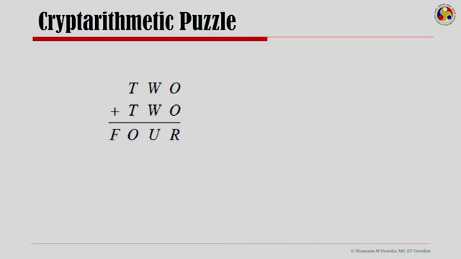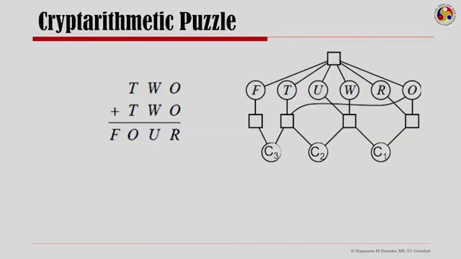So, here is the crypto-arithmetic puzzle, 2 plus 2 is 4. On your right is the hypergraph. We could see that the 6 variables F, T, U, W, R and O are all together constrained, and C1, C2, C3 are the carryovers possible at these columns.